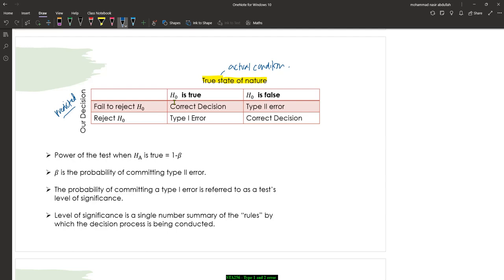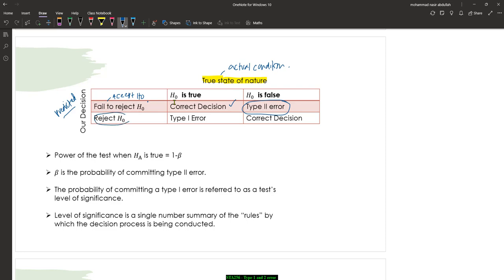If you fail to reject the null hypothesis, meaning we accept the null hypothesis, then when the null hypothesis is true, we are making a correct decision. If the null hypothesis is false, then we are making a type 2 error. We accept the null hypothesis, and the null hypothesis is false, is a type 2 error.